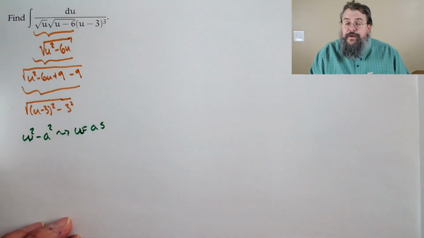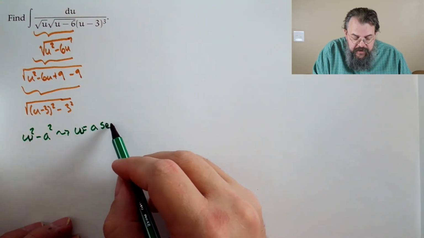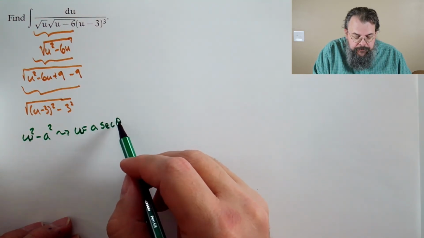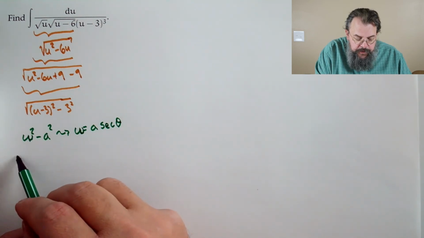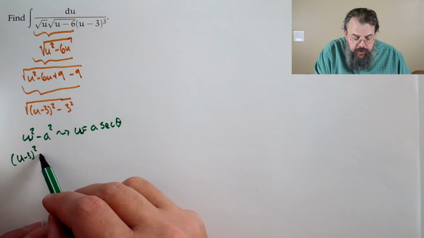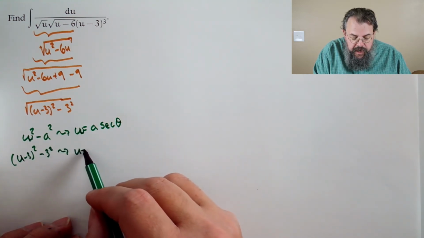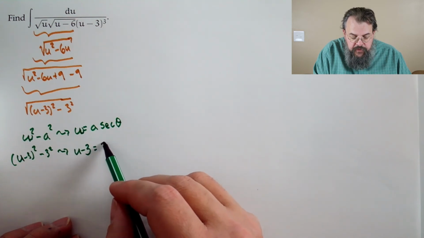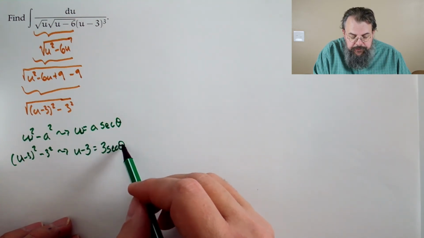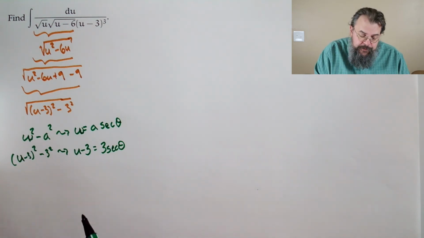If you're already using u, go twice as far, w. So w should be a secant theta. So in our case, where we have u minus 3 squared minus 3 squared, well, look, that says u minus 3 should be 3 secant theta. Okay, now we have our setup.